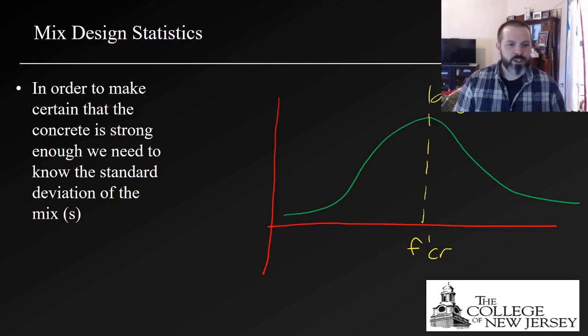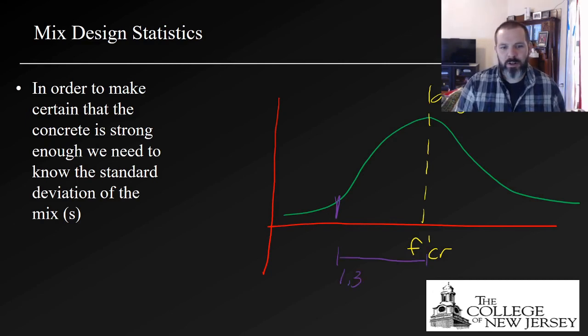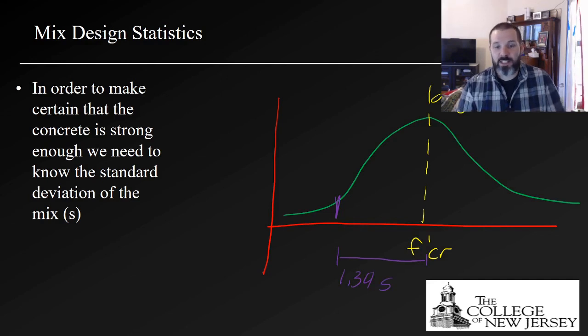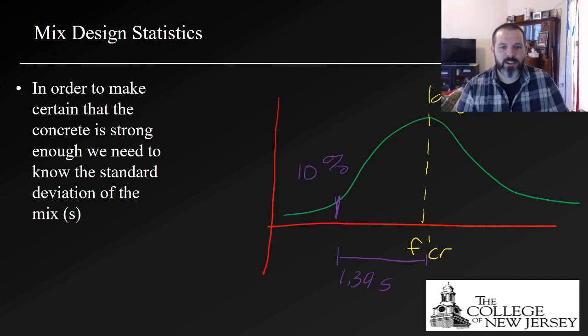So what we do, knowing that the concrete strength has been shown to be normally distributed, is look at a value that is 1.34 S, where S is the standard deviation, which gives us the 10th percentile value.